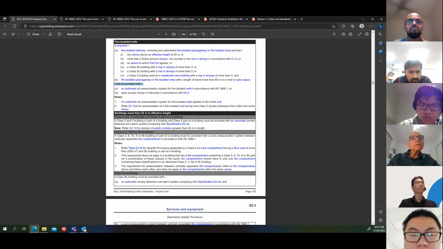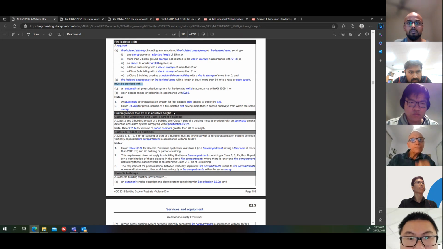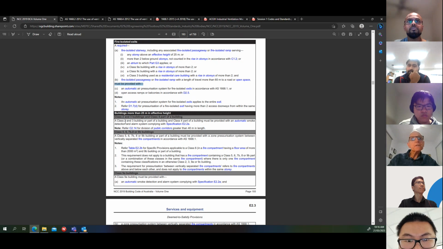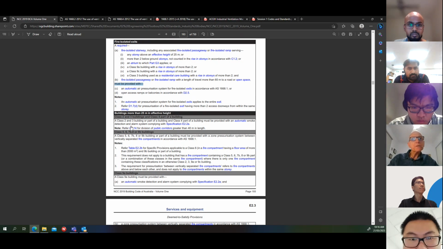Okay. The next part, buildings more than 25 metres in effective height. So it goes through the various building classifications and what the requirements are. So for class 2 and 3, it must be provided with an automatic smoke detection and alarm system complying with specification E2.2A.